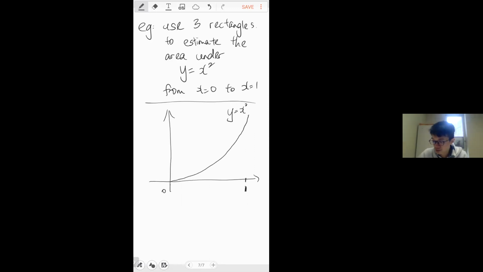And I want to split the interval from 0 to 1 into three parts because I'm using 3 rectangles. Maybe I should draw this on the next page. Actually, never mind.